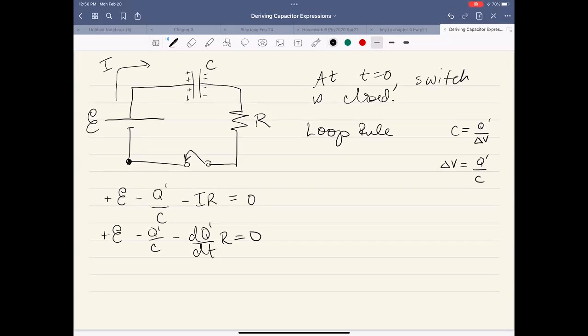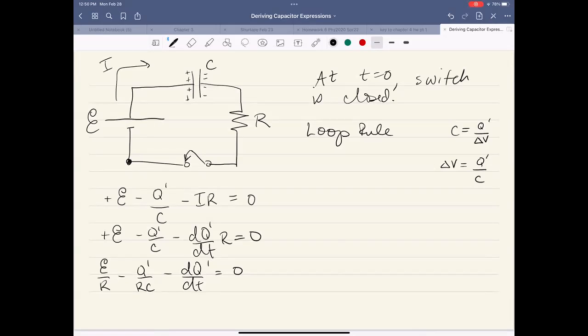So first of all, I'm going to go ahead and divide everything through by the resistor. The battery EMF over R minus Q prime over RC minus dQ dt is equal to 0. Okay, now next I'm going to want to get rid of this dt here in the bottom of my dQ dt.